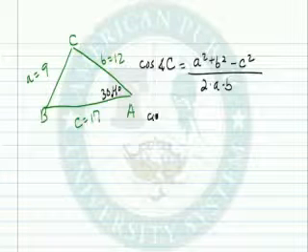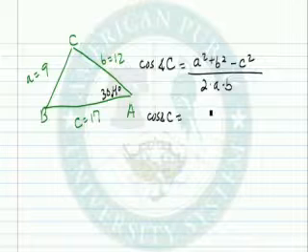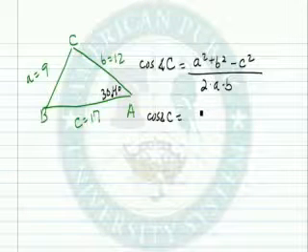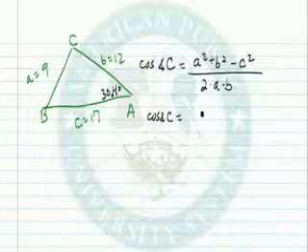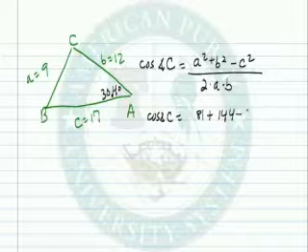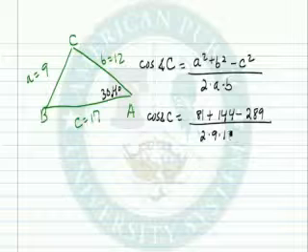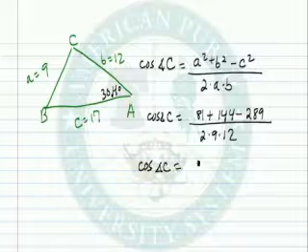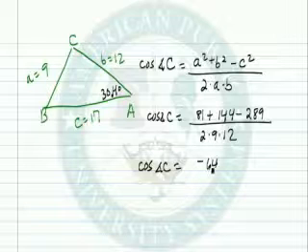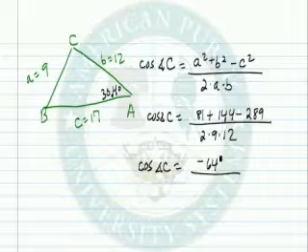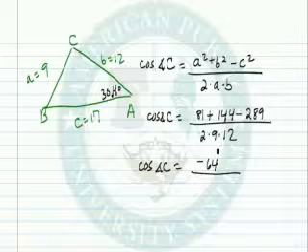So we get 9 squared plus 12 squared, or 81 plus 144, minus 17 squared, which is 289, all divided by 2 times 9 times 12. If we simplify the numerator, we get negative 64. If we simplify the denominator, we get 216.